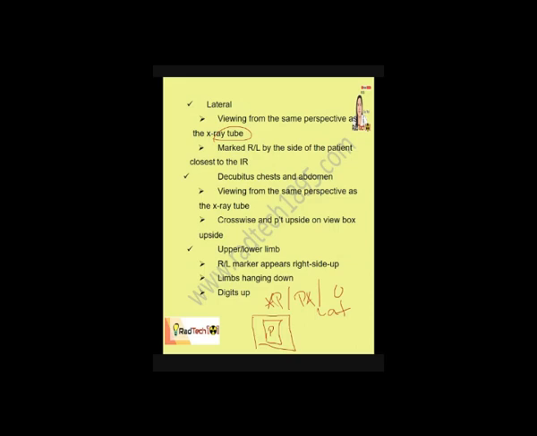So, halimbawa, na-expose natin yung patient, ito yung IR, then ito yung patient, ito yung X-ray tube. So, kapag tinignan natin, as if andito tayo sa kabila. Halimbawa, ito yung left ng patient, ito yung right. So, tinitingnan natin siya from the right side.